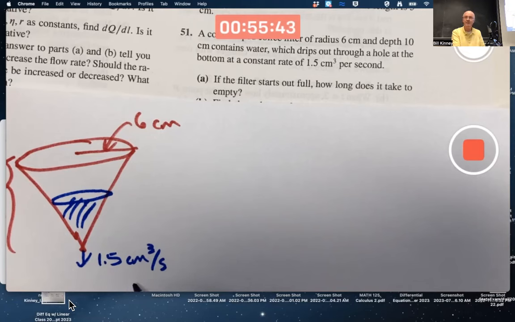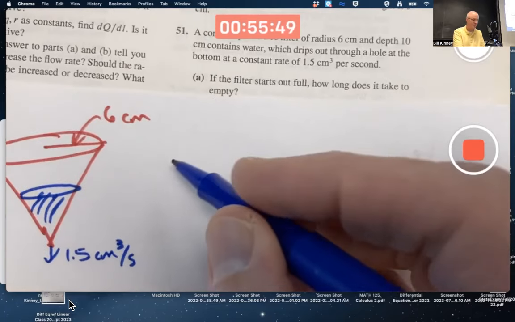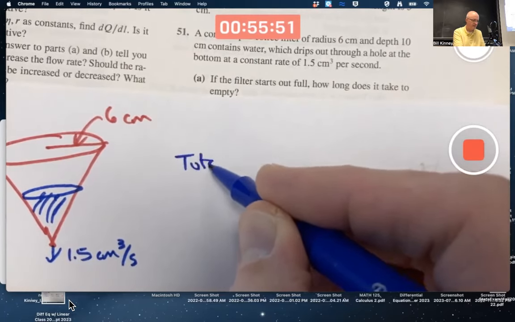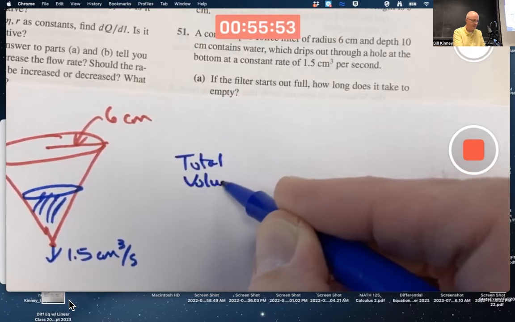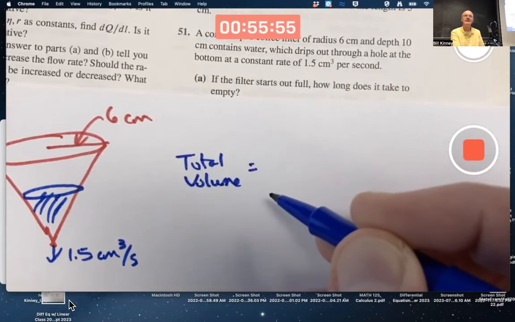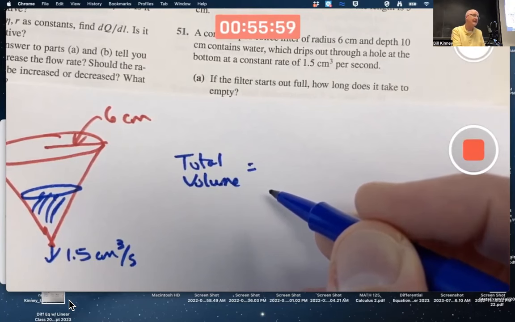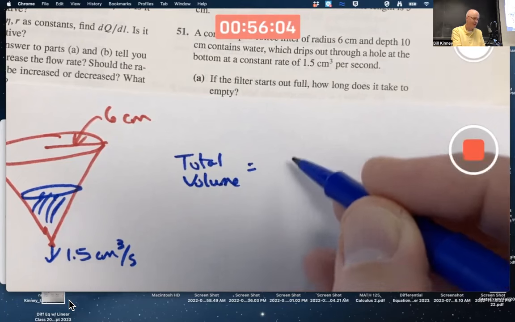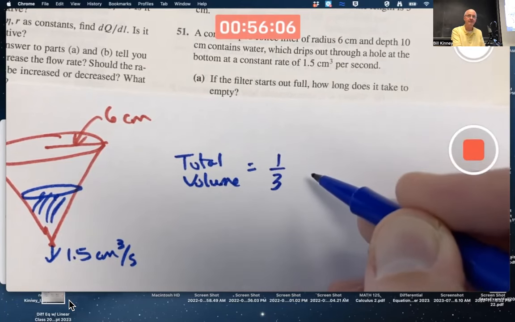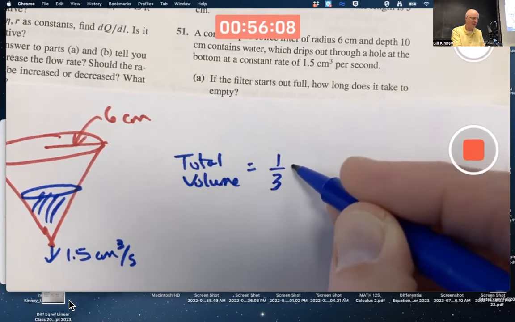Divide by the rate at which it's emptying, and you'll get the amount of time in seconds. The total volume of a cone is 1/3 pi r squared h, right? You've seen that before. The 1/3 might feel kind of mysterious, but it's correct.